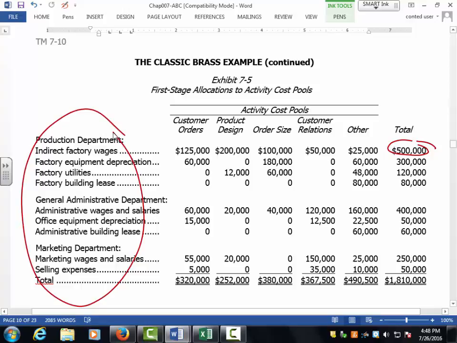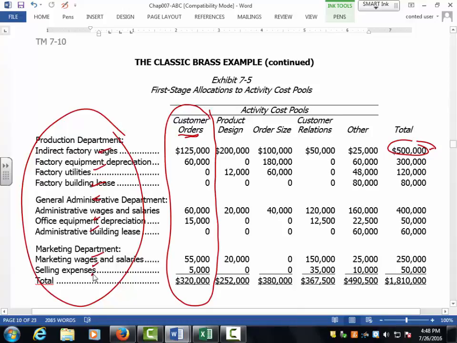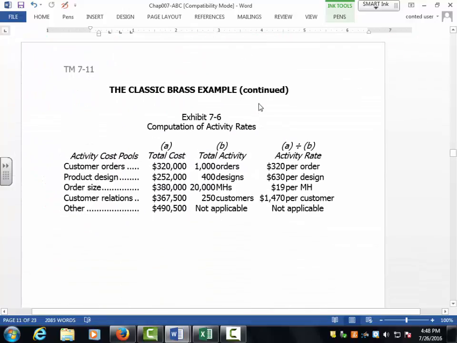And now, instead of working horizontally with that 500,000, we'll now work vertically and say the pool of customer orders has this breakdown, right? All these breakdowns here is 320. So 320 for that pool, 252 for the product design pool, 380 for the order size pool, etc. Then we'll simply keep track of how many times that pool happened.